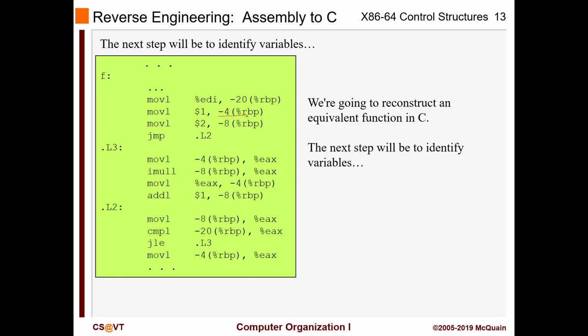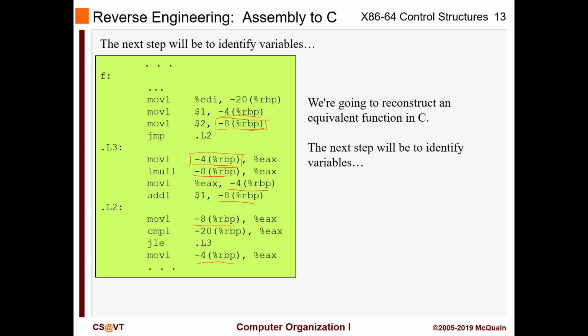We have this part, and we used it here, here, and here. So this is one variable that's being used again and again, and we know we'll be needing it later. There's another one, this one. We use it here, here, here, here. So this is going to be another variable.